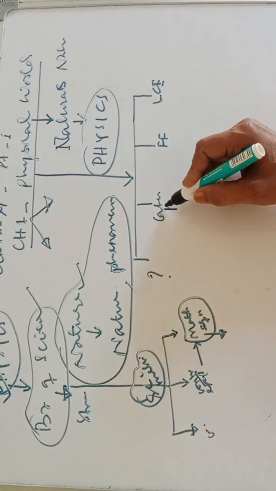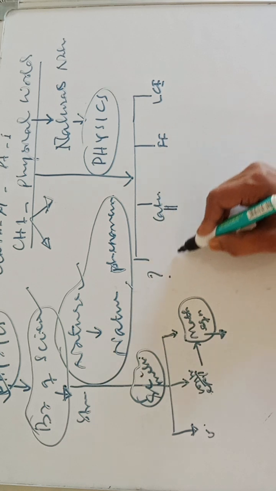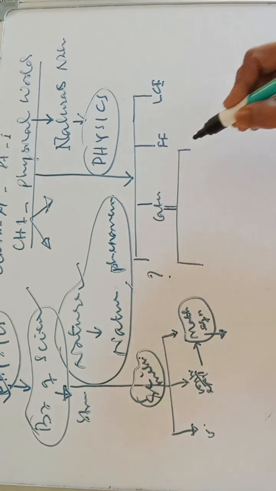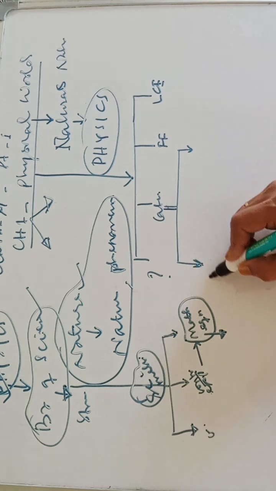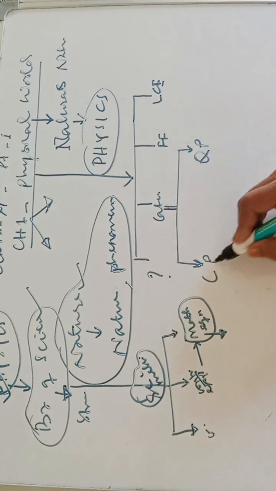Now, depending upon the size of the matter, we have categorized physics into two categories. One is classical physics and another is quantum physics.